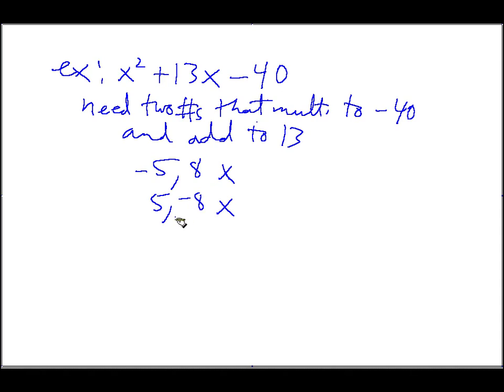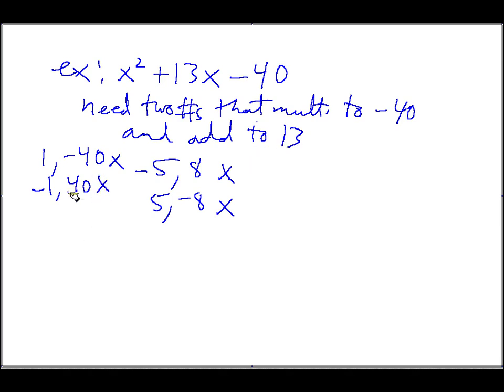Let's look at other possibilities. How about 1 and negative 40? Well, again, that multiplies to negative 40, but that does not add up to 13 clearly, so that's no good. And likewise for negative 1 and positive 40. That multiplies to negative 40, but again does not add up even close to 13, so that's no good either.